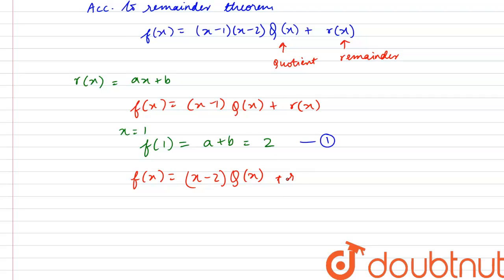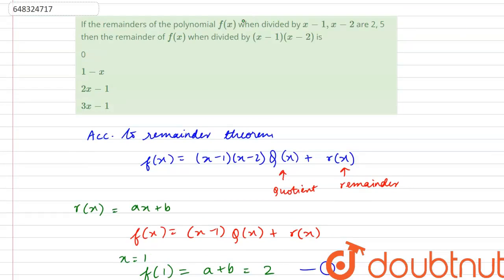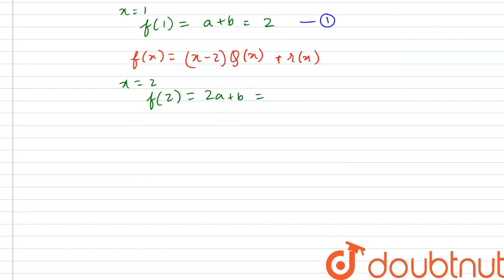Now if x is equal to 2, then f of 2 equals, this part becomes 0 and we have the remainder at 2, which is simply 2a plus b. Now it is also given that when f of x is divided by x minus 2, the remainder is equal to 5. So this must be equal to 5.